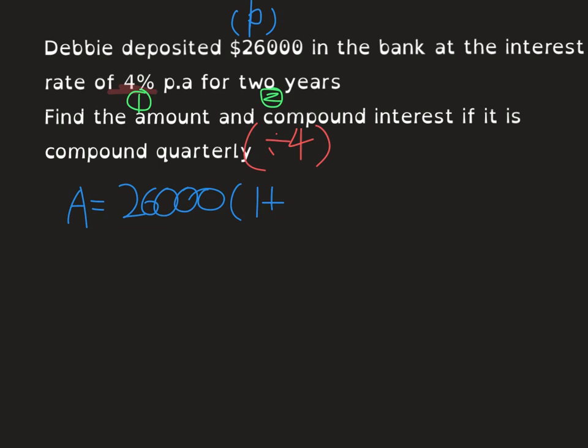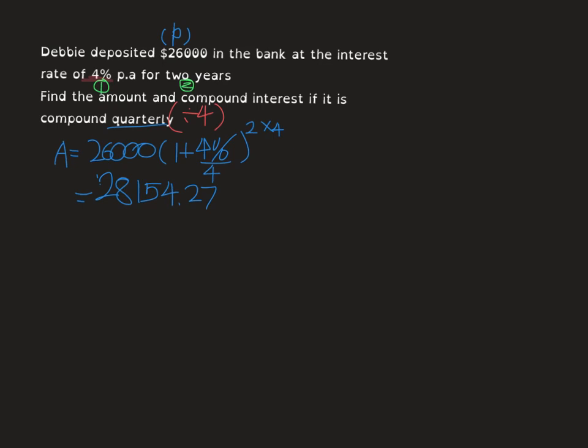We are going to write 4%, and it's compounded quarterly, so divide by 4, and they say 2 years, so times 4 as you have made it quarterly. Now you are going to use the calculator to calculate the answer, which is this.